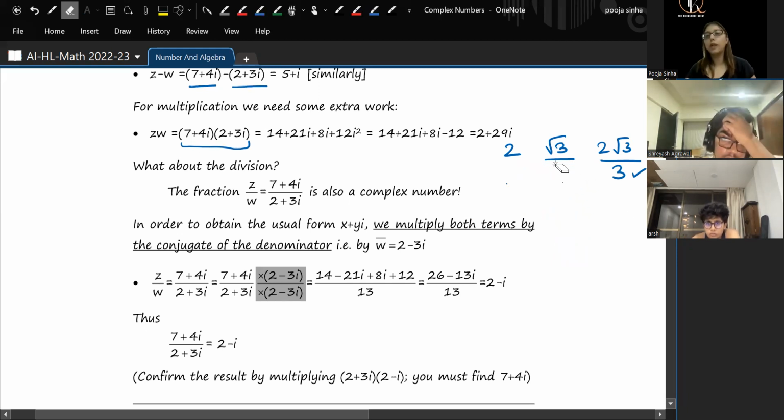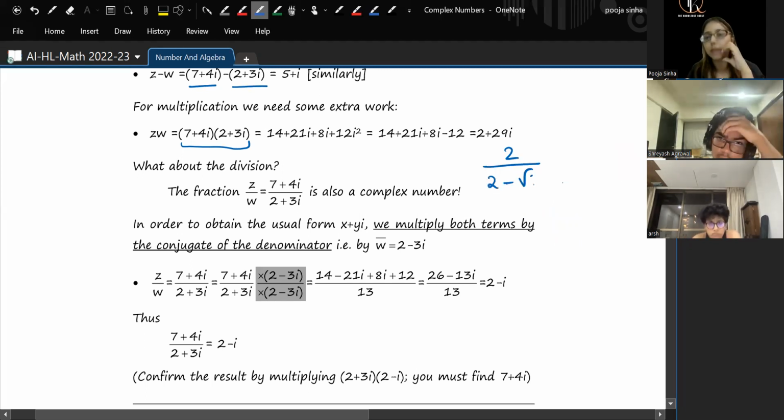Now, what if my question is 1 upon 2 minus root 3? हाँ, अभी क्या करें? Miss, you'll take times 2 minus root 3 upon 2 minus root 3. कुछ ठीक बोला आपने, कुछ में एक small change करना है.